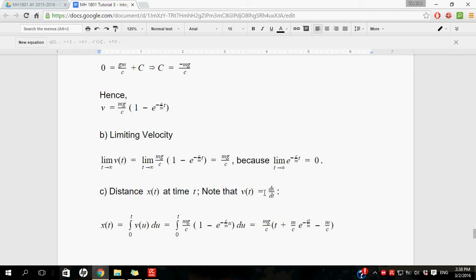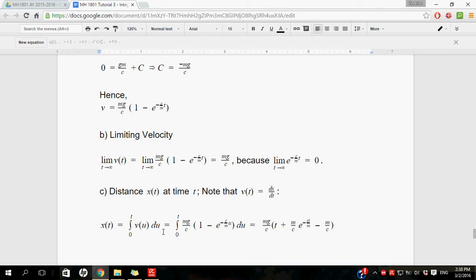So to obtain the formula for x(t), we need to integrate v. But note here, x(t) should be a positive number. It should give us distance. But if I don't have my limits of integration, this would have an arbitrary constant. That is not what I want.